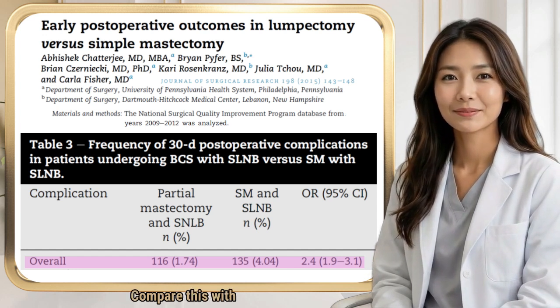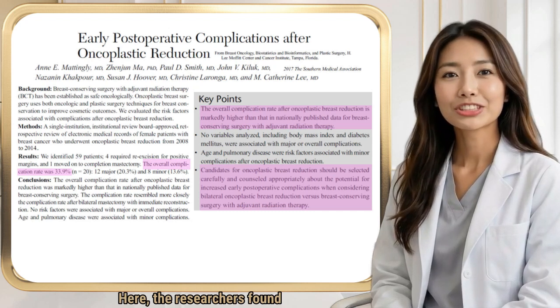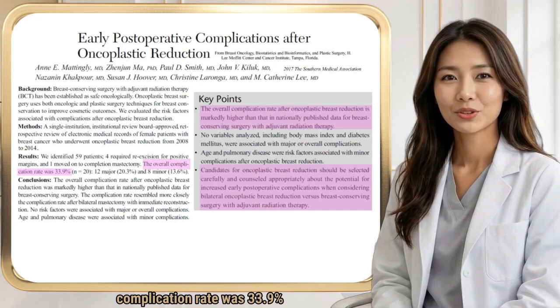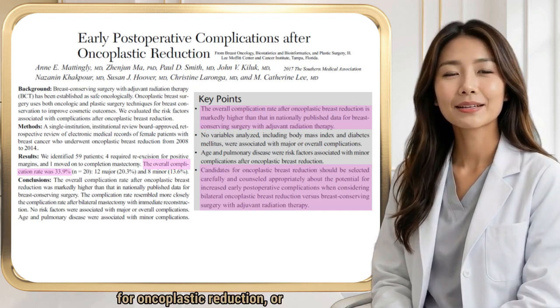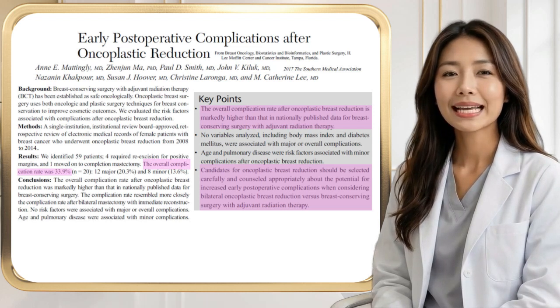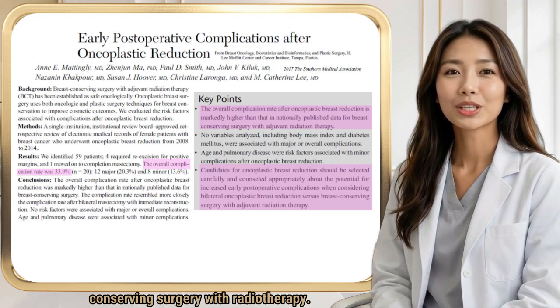Compare this with complication rates that were reported in this study. Here, the researchers found that the overall postoperative complication rate was 33.9% for oncoplastic reduction or mammoplasty procedures, and they acknowledged that this was higher than for breast-conserving surgery with radiotherapy.